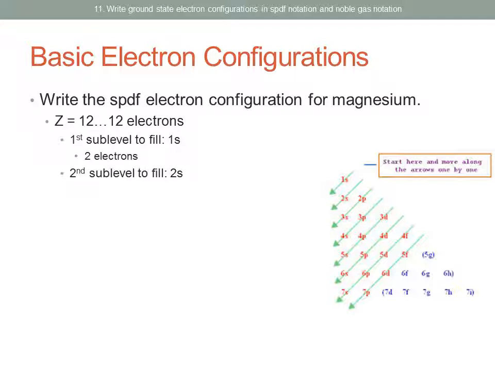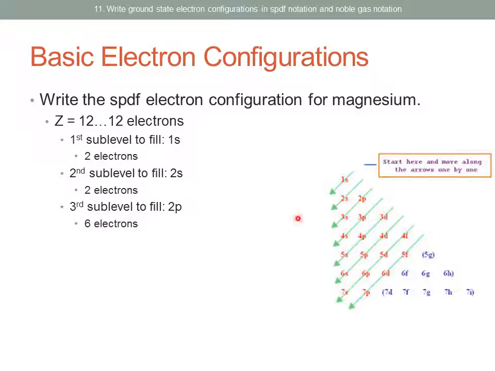Then we go to the 2s, and again, an s sublevel, so 2 electrons. The third sublevel to fill is the 2p, and as we just mentioned in the last slide, we can put 6 electrons in a p sublevel. So let's just count up what we have here. We have 2 plus 2 is 4, plus 6 is 10, so we have 2 electrons left to go.